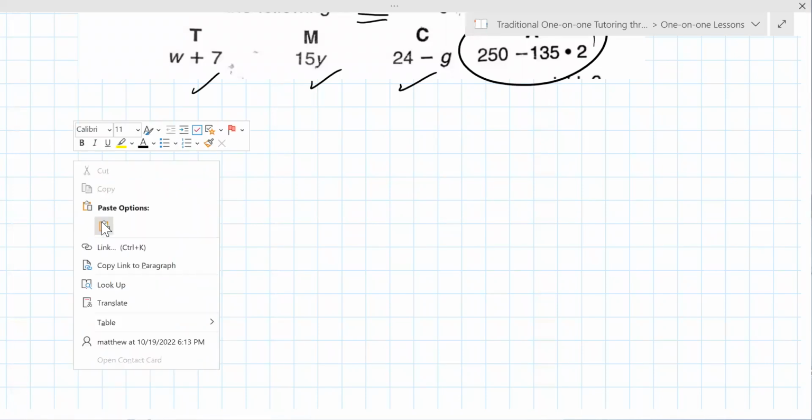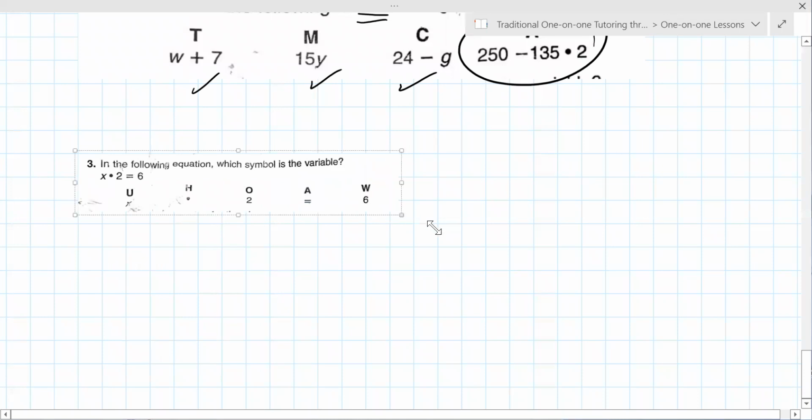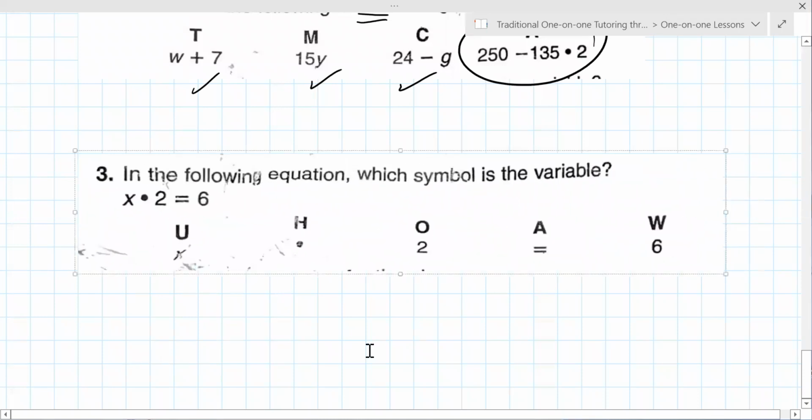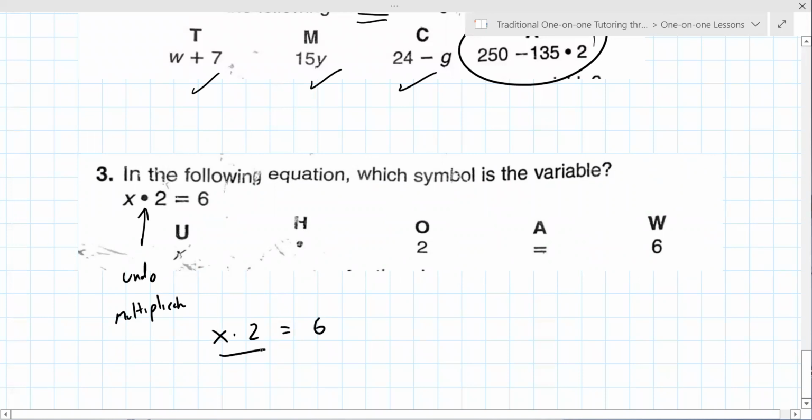What is the math operation between the 2 and the x? This is multiplication. So how do you undo multiplication? Division. So you actually divide both sides by 2 and use a fraction bar.